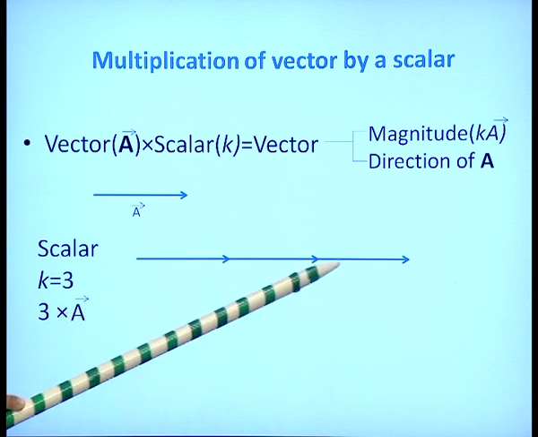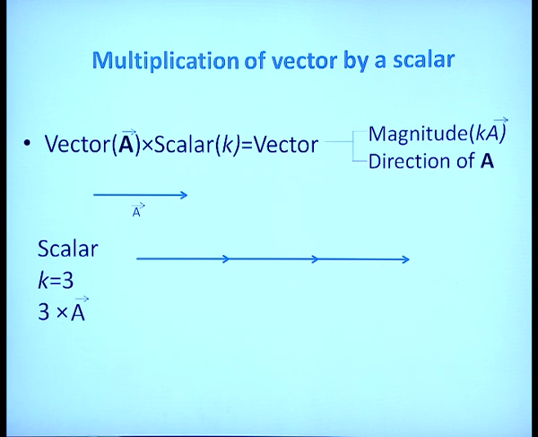Its magnitude is 3 times of A and direction will be same as vector A.